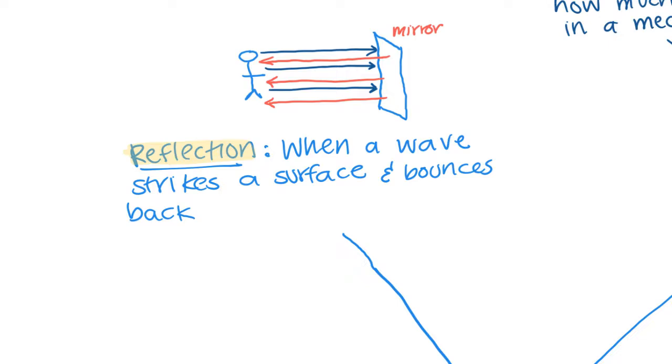They are able to strike a surface and bounce back off of that surface. Easiest example of reflection is when you look at yourself in the mirror. These light waves are bouncing back at you, which allows you to see your reflection there. So that's a really cool way that we use light and the reflection of light to be able to see ourselves in the mirror.